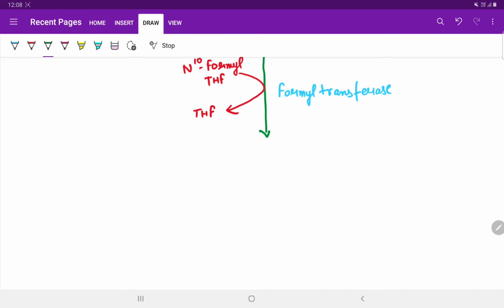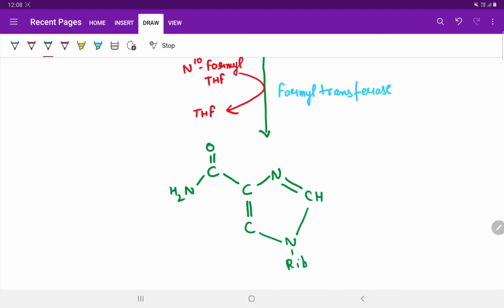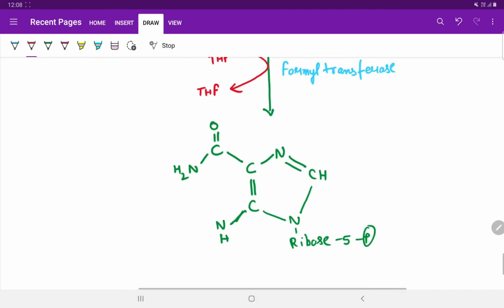So how is this structure formed? Let us first draw the structure of the previous carboxamide molecule, and an NH group will be here. At this position a formyl group will be attached.